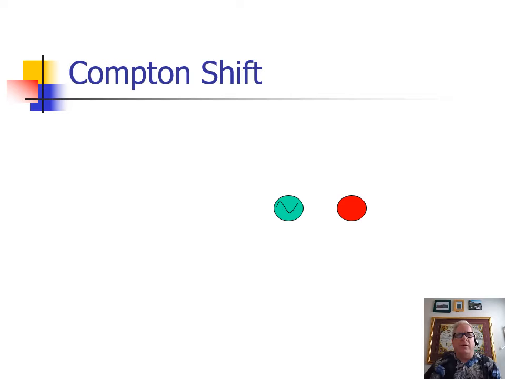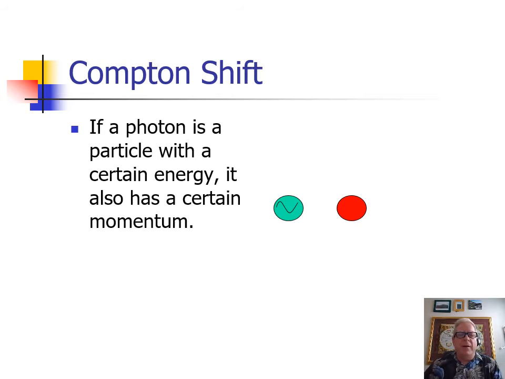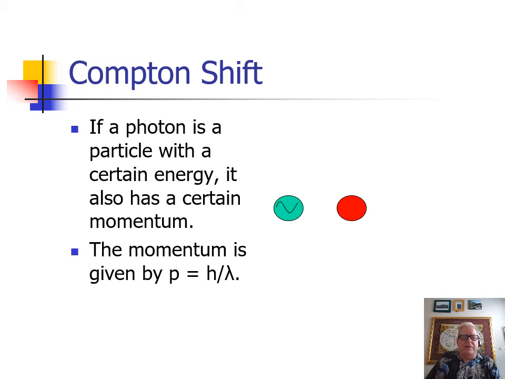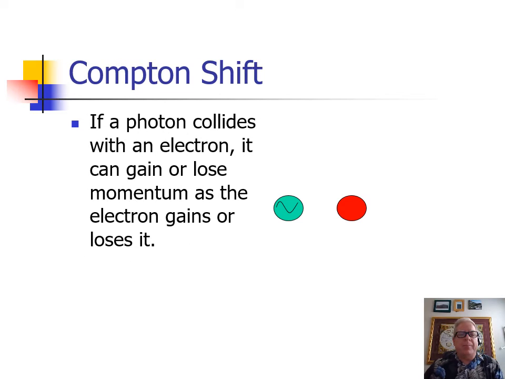For an example of the effects of a photon's momentum, let's take a look at what's known as the Compton shift. So if a photon is a particle with energy, it also has momentum. And as we have just seen, the momentum of the photon is given by the formula momentum is equal to h over lambda.